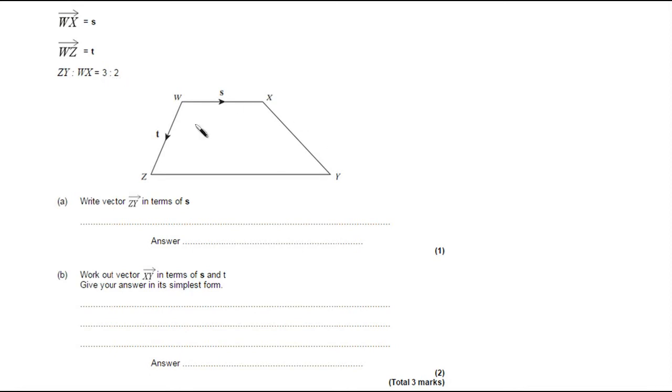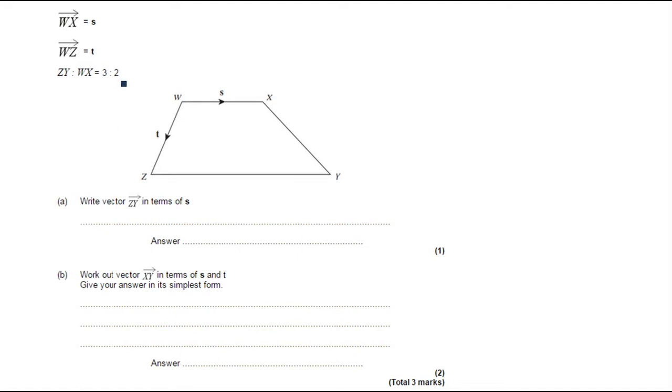So what this means, obviously, is that ZY here, compared to WX here, they are in the ratio 3 to 2. So this is 3 to 2 in proportion. And that enables us to answer question A, in fact. So as long as you understand ratio and proportion, you should be able to have a stab at this. So ZY is bigger than WX.